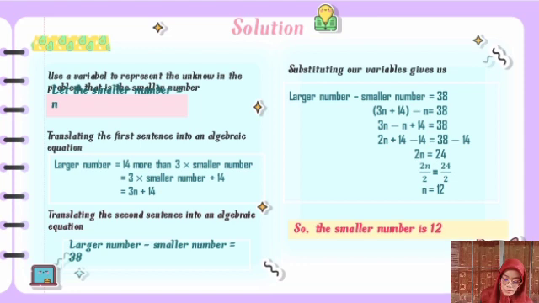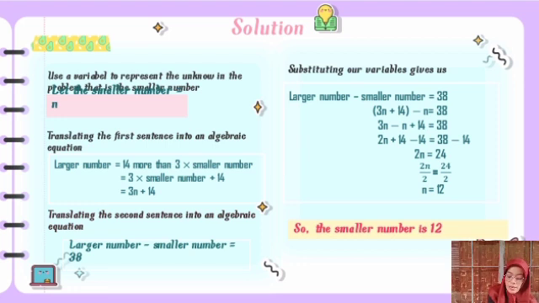So 3n minus n plus 14 is 2n plus 14. So 3n minus n plus 14 equals 38.